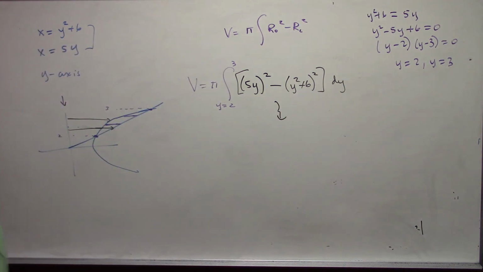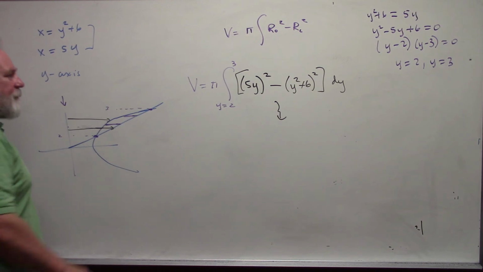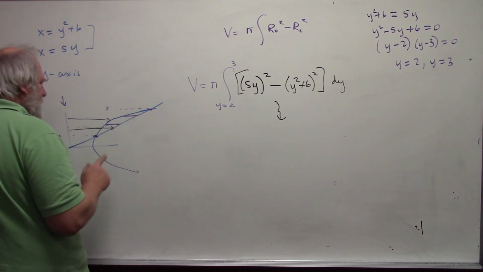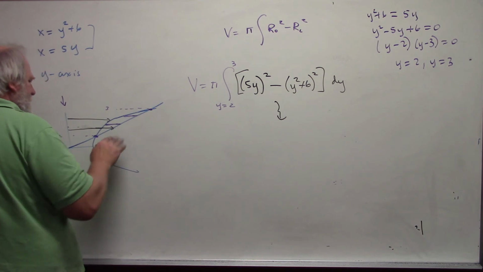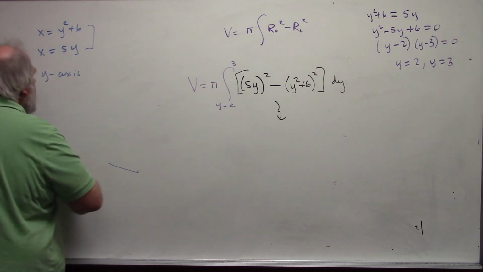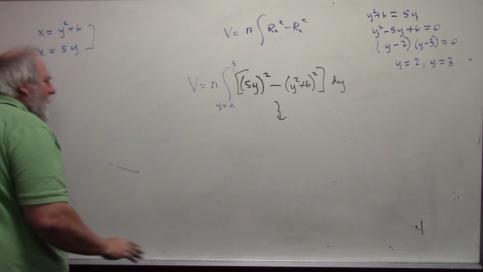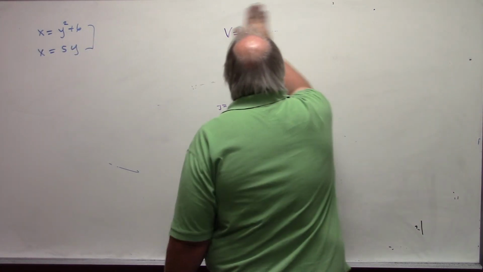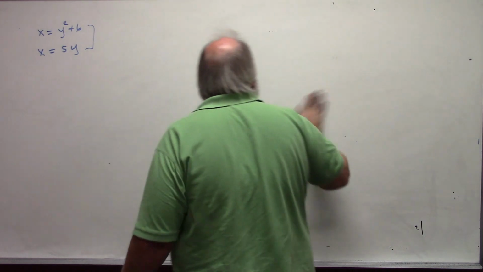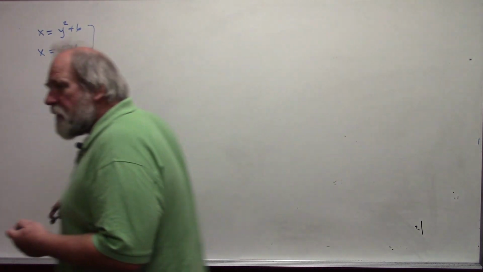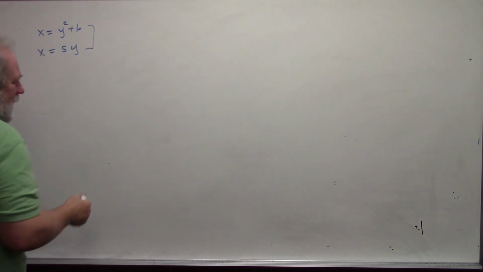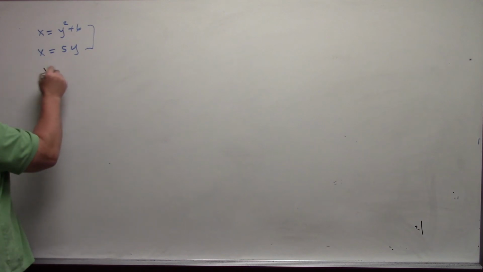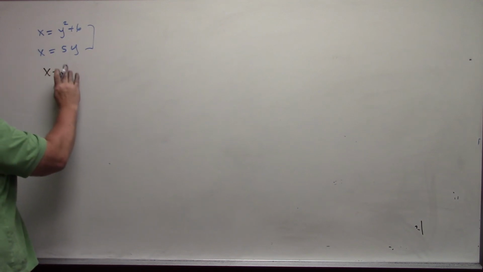My last example with washers, I actually want to take this same curve, but I'll redraw it. And same area. And this time, rather than rotating this around the y-axis, we're going to rotate it around the x-axis.